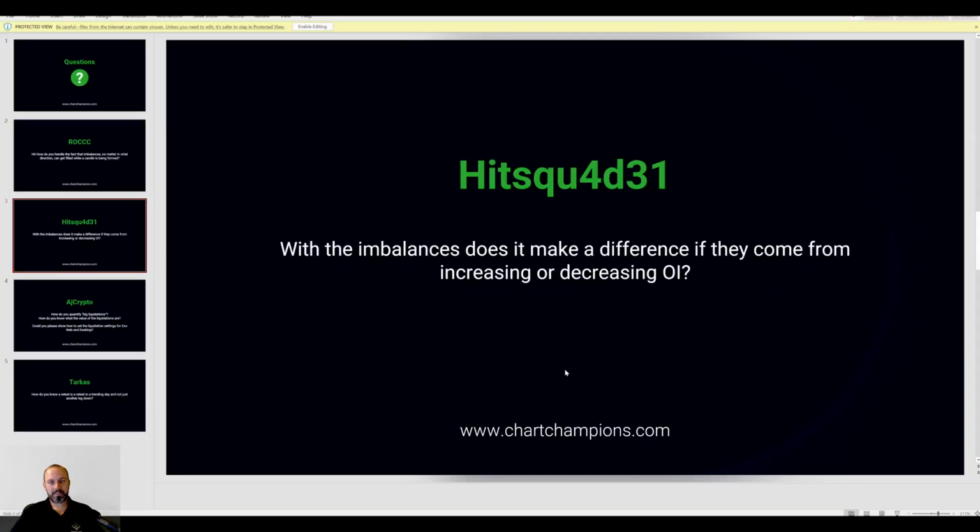And actually it is a very good question. With the imbalances, does it make a difference if they come on increasing or decreasing open interest? Big difference, but I cannot cover this today because that will be a big discussion. It makes a big difference to understand how the imbalances are formed and to create the context.